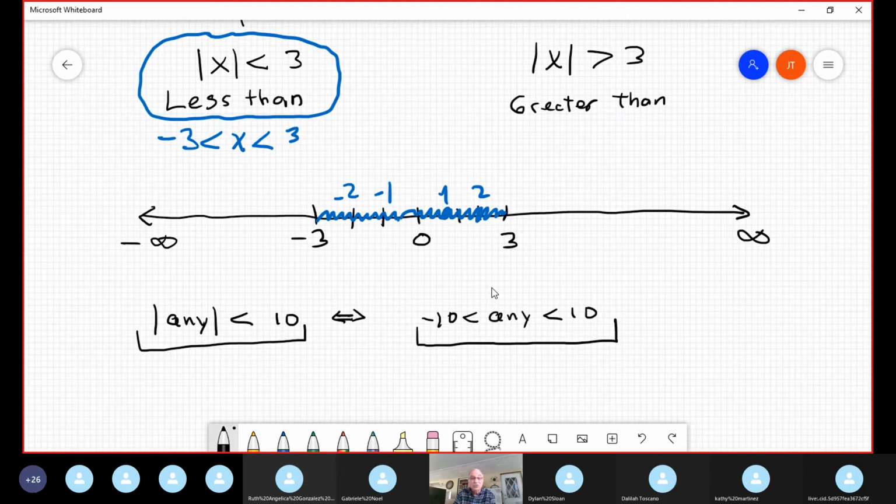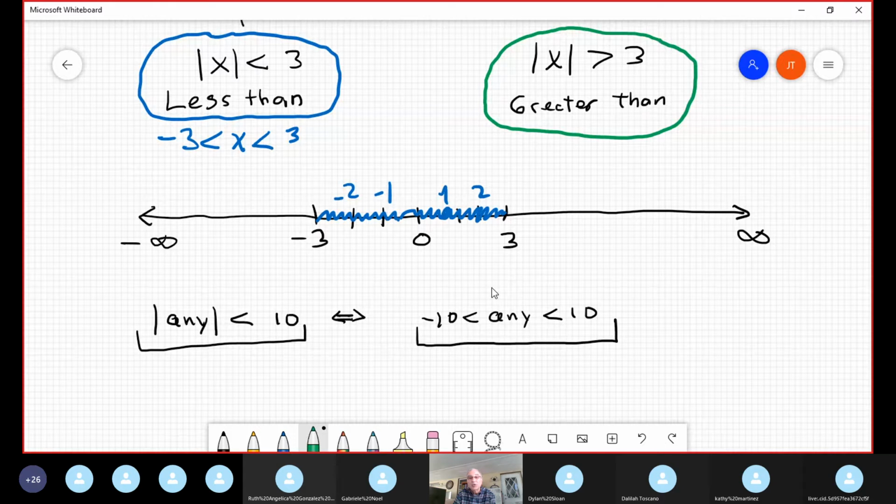Let's move on to the greater than case. If you have no question, do you understand very well less than or no? Let's move on to the greater than. Okay, put the green color. Well, unfortunately, greater than is the distance.